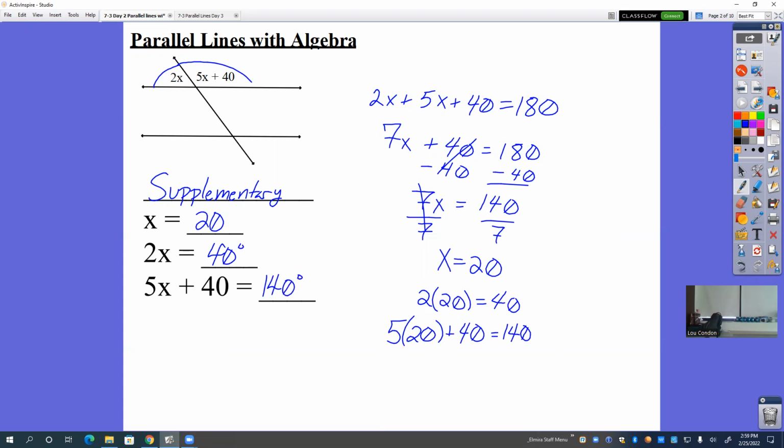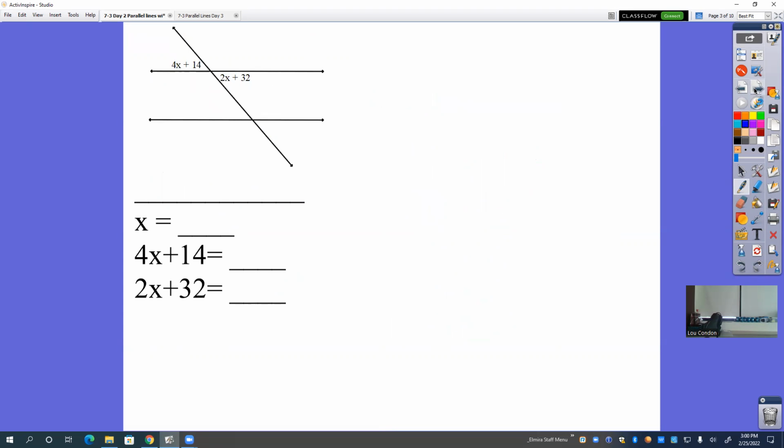And we know that 40 plus 140 does equal 180. So our work is correct. So that's kind of an introductory but a review from a previous lesson of supplementary angles. Okay, let's try the next one.